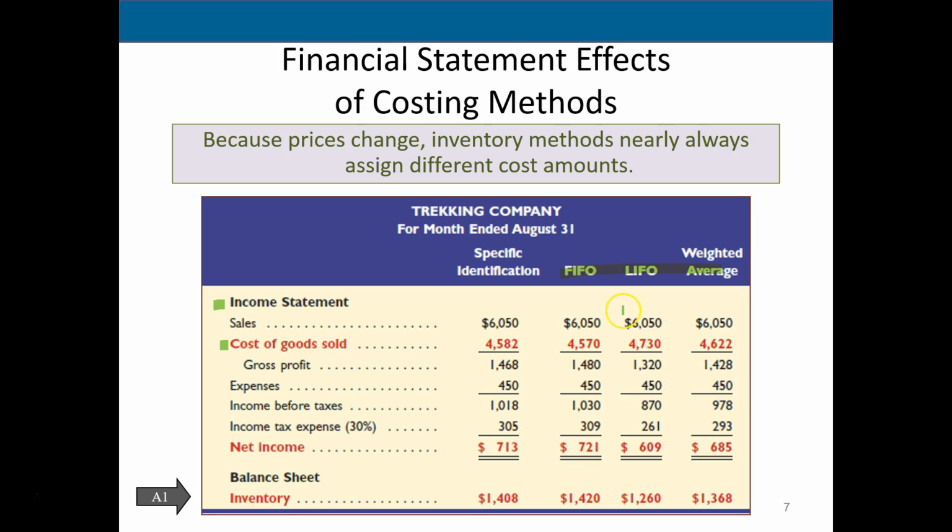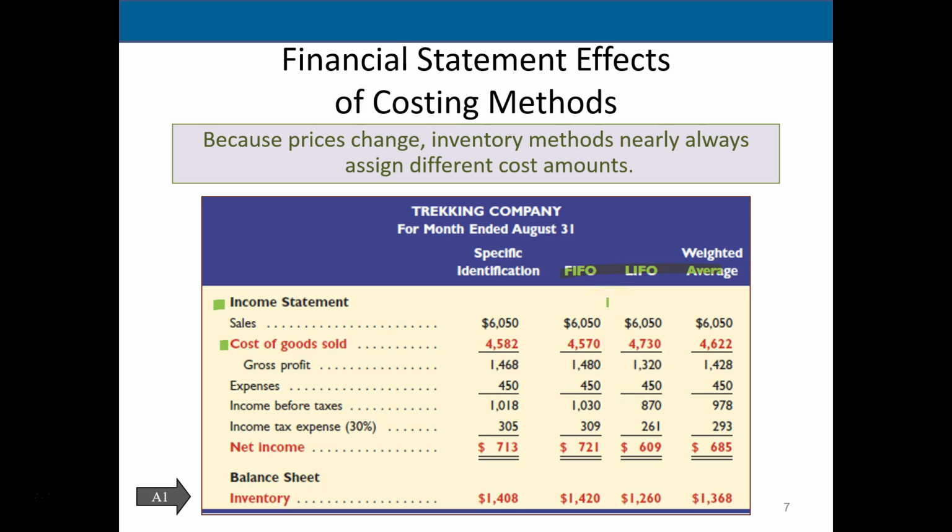If we assume LIFO, remember this was the period of rising prices, our sales are the same because we sold them for the same amount. But the cost of goods sold now is higher, 4,730, which makes our gross income less, which makes our net income less. So note what happens between these two methods.